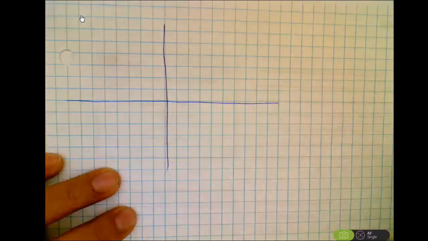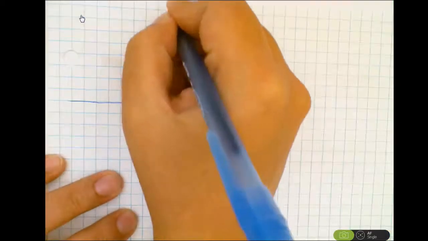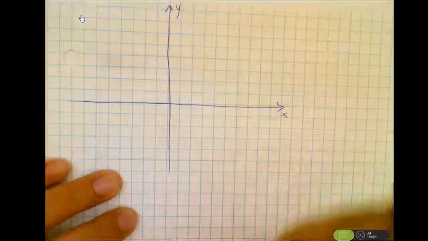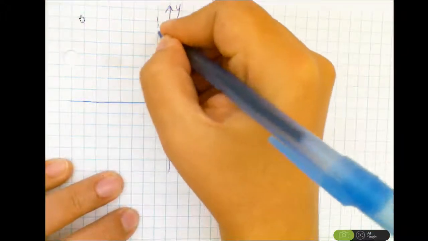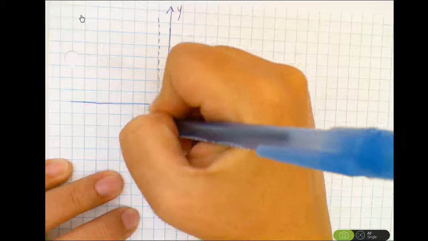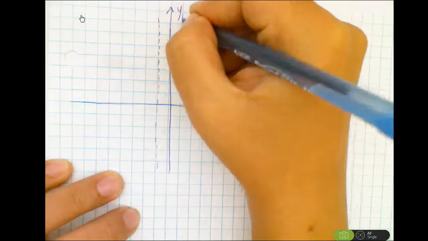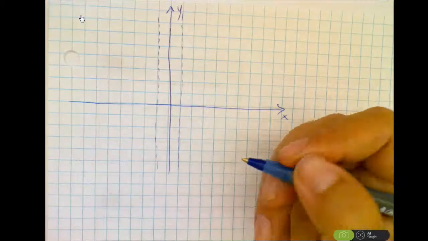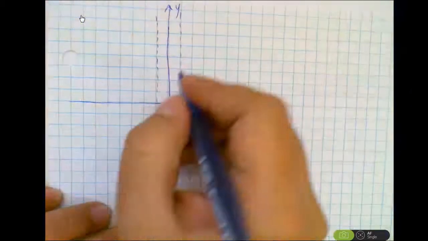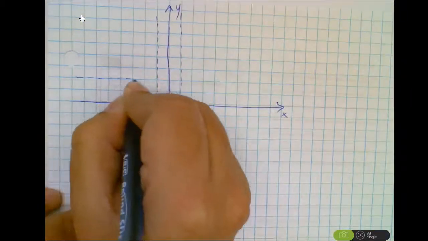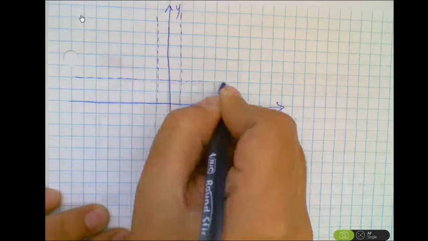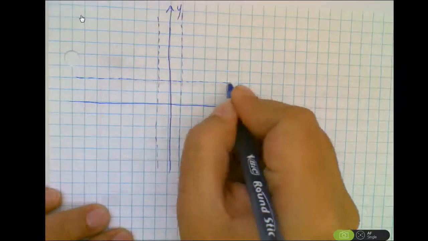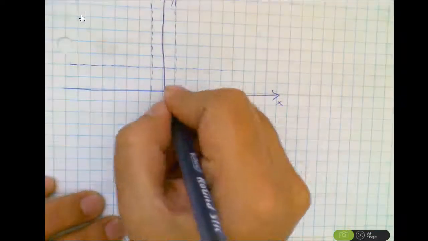Okay, so with so much information, what needs to be done first? First you sketch your asymptotes. I have one at x equals negative 1, and at x equals 1, and then you have a horizontal asymptote at y equals 2. The other thing that you know is that you have a local maximum at 0.